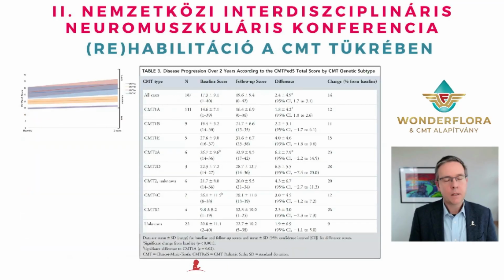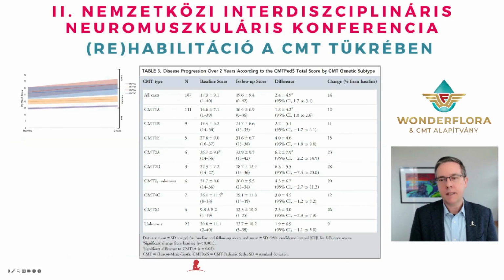So to look at a bit more, looking at those coloured lines, you can see here that for CMT1A, the most common type of CMT, this scale progresses about 2 points over 2 years. Whereas for patients with CMT2A, this scale progresses 3 times that.